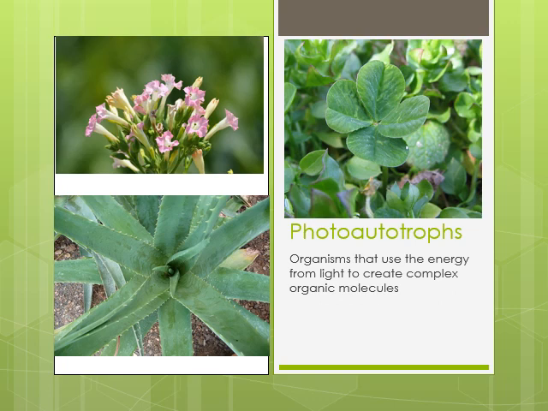Again, what are autotrophs? Right, they build their own organic molecules from inorganic sources. Photo, what does that mean? Light. So they do it using light. Photoautotrophs use the energy from light to create the bonds of organic molecules.